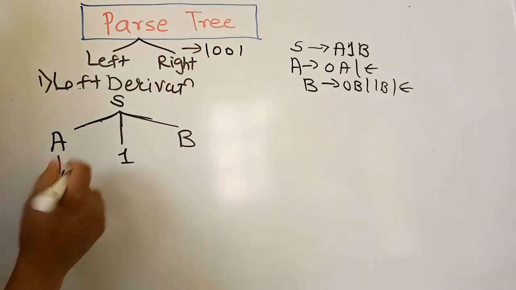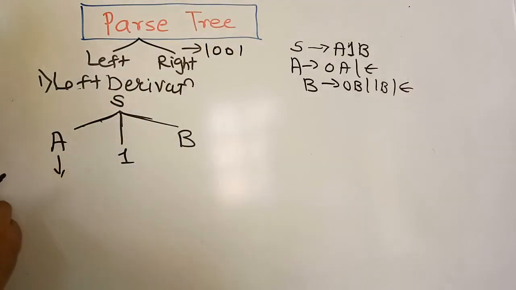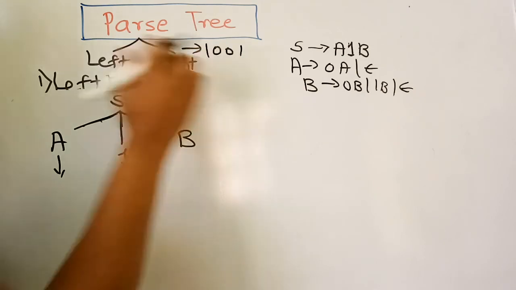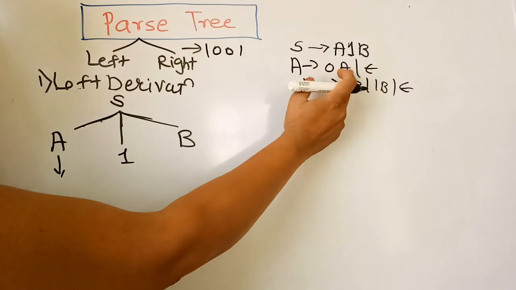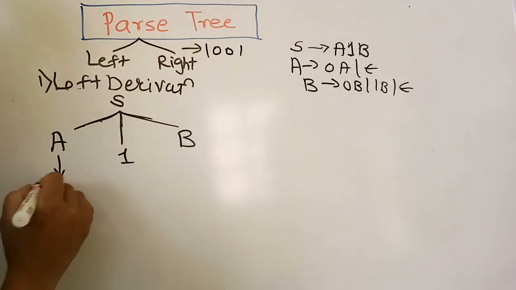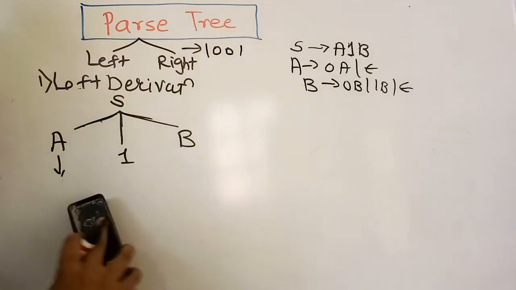Now it is compulsory while deriving the leftmost derivation to replace A first. Here we are requiring 1001. So A has the production 0A or epsilon. But if you replace 0A, then your string will be starting with 0. So this is of no use.